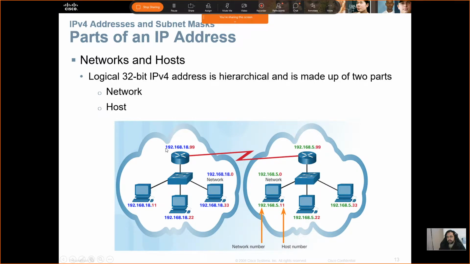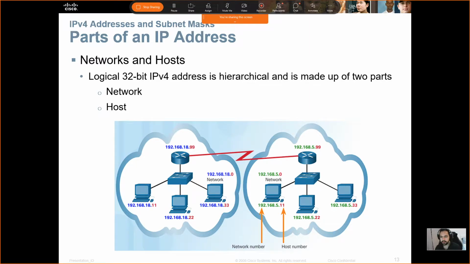The portion that is shared between all of these devices is the network. So 192.168.18 is the network of the left LAN, correct?